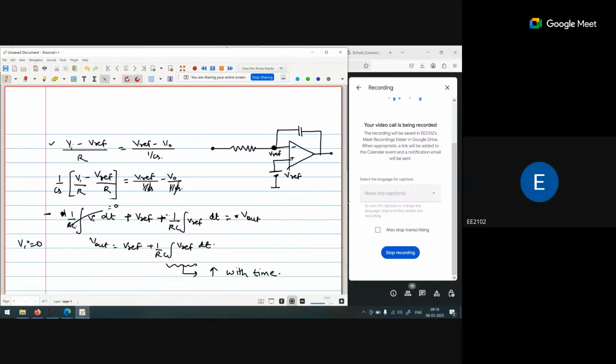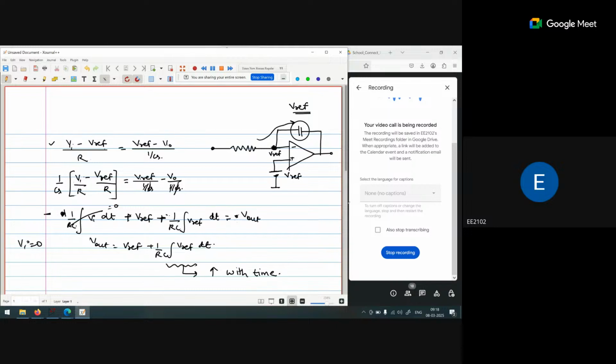Now, due to the V ref voltage, the current passes through this circuit. So this capacitor will store the charge. For example, it will be charged to the V ref voltage. In the first case. Now again, when you apply the V ref voltage, V ref is continuously applied.